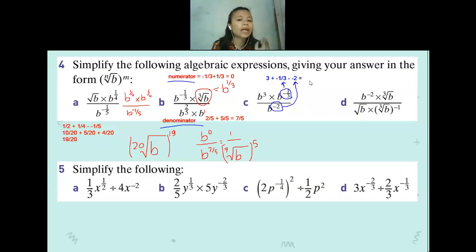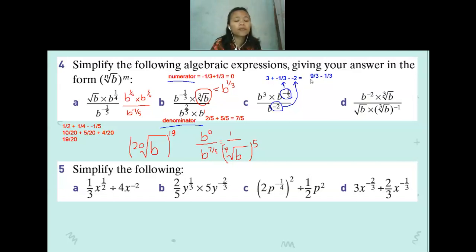Okay, so we can make everything into thirds because we have to make the denominator the same first. So now we have 3. If I make 3 into 9 per 3, it will be 9 per 3. And then plus and minus, I can make it into minus. It stays as 1 per 3.